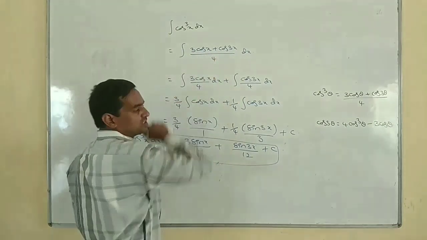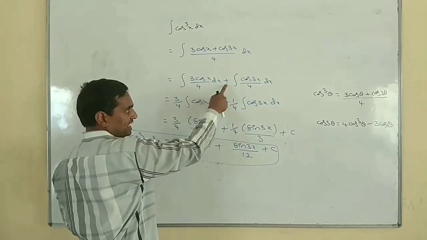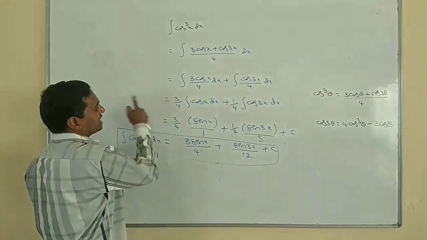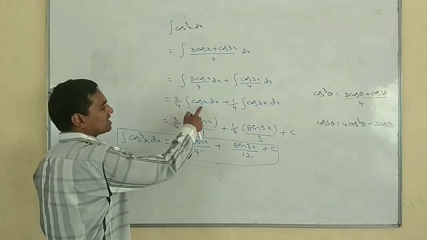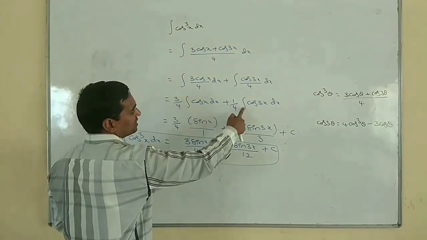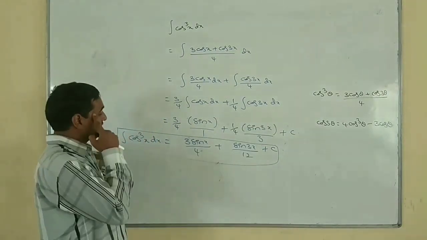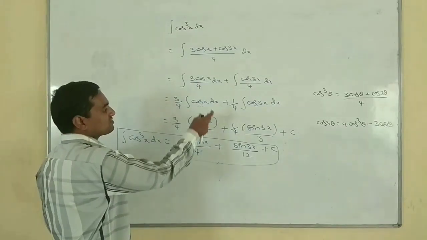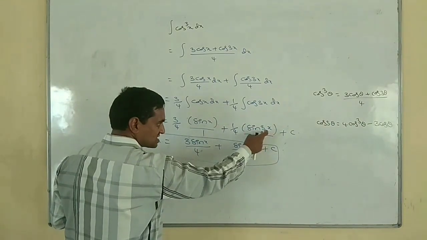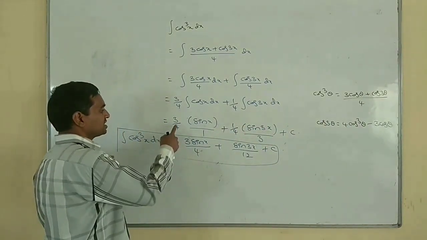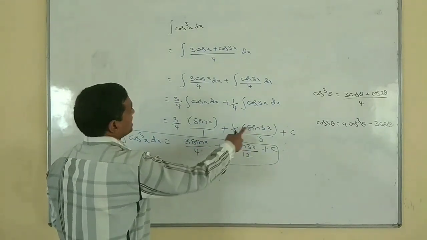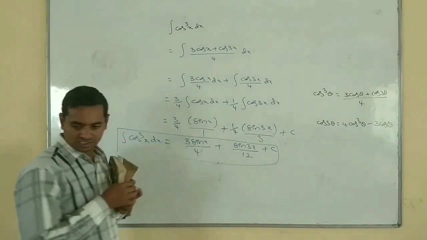Split into two terms: 3 by 4 times the integration of cos x dx, plus 1 by 4 times the integration of cos 3x dx. Integration of cos x is sin x; integration of cos 3x is sin 3x divided by the x coefficient 3. So 3 sin x by 4 plus sin 3x by 4 into 3, 12.